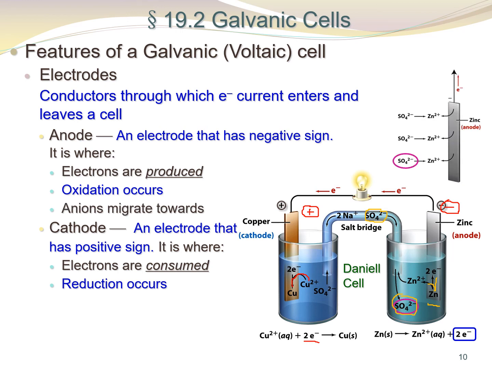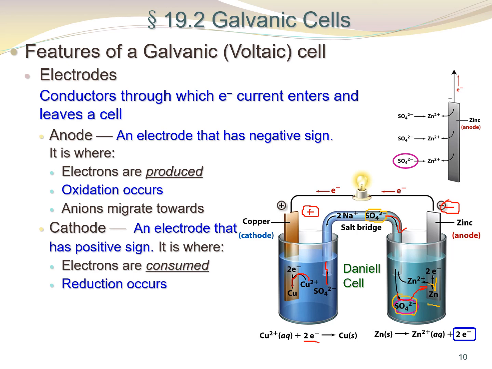So that is the reason why, in order to keep the solution neutral at all times, it calls for sulfate. It causes sulfate to migrate. As you can see, sulfate goes down on the other end, and sulfate comes into the solution to meet the zinc 2+.